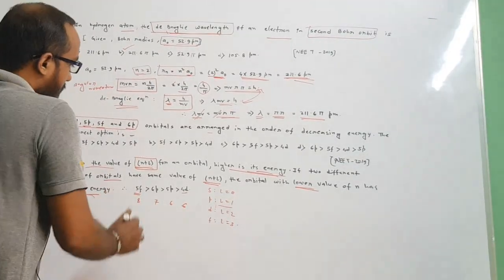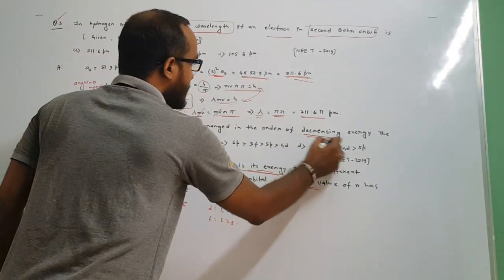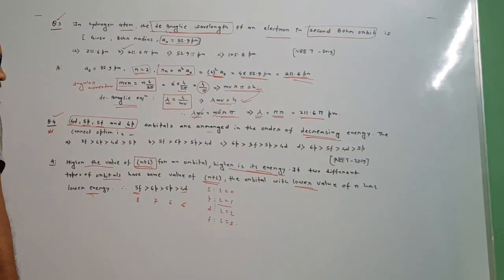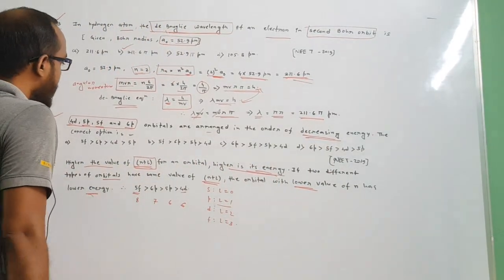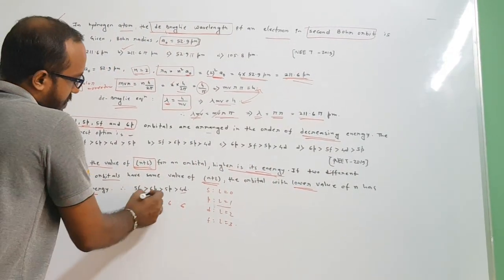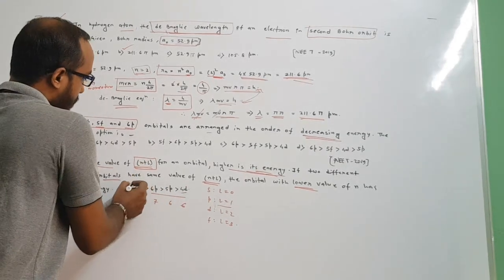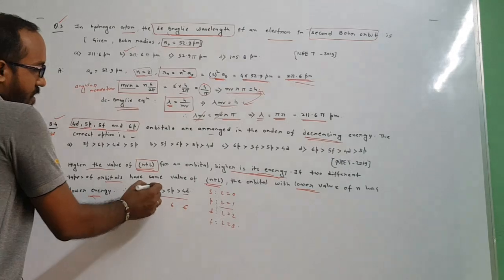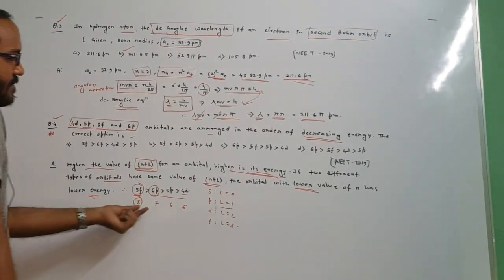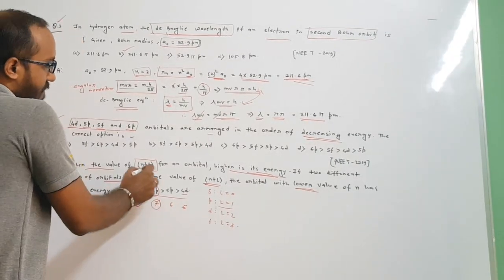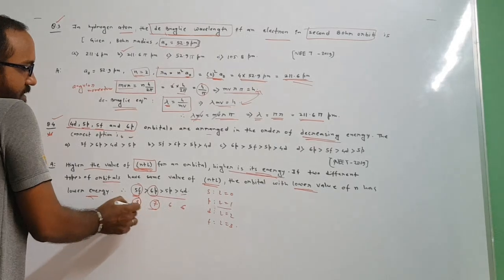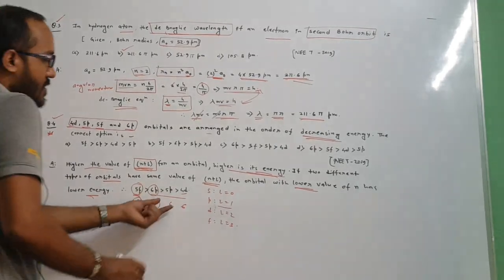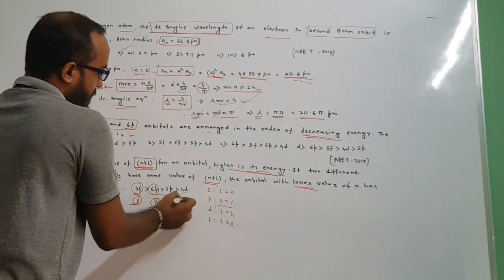Now here you have to arrange in decreasing order of energy, highest energy first. What would be the highest energy? Here 8 is highest, no doubt. Next is 7, because its n plus l value is higher. Now here we have two equal values, 6 and 6.